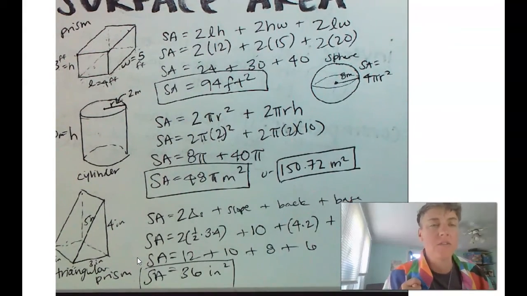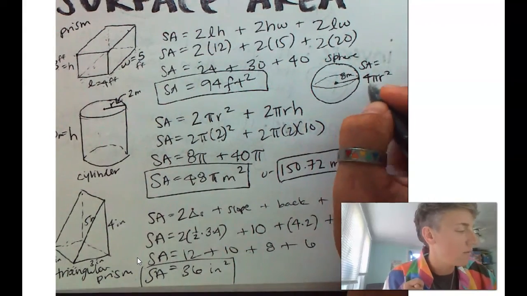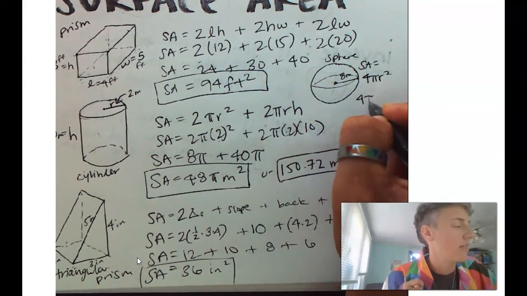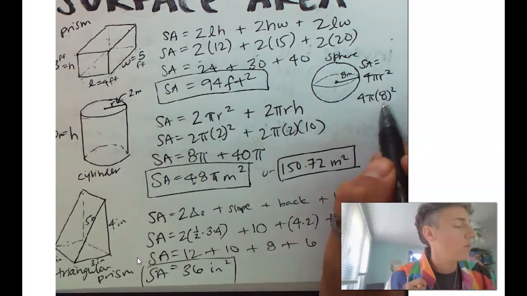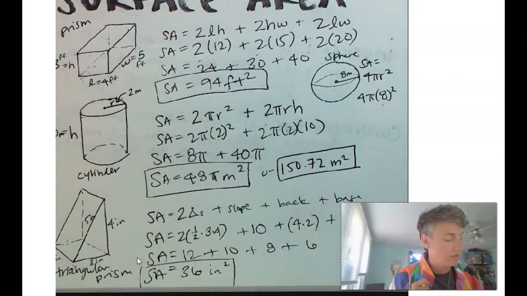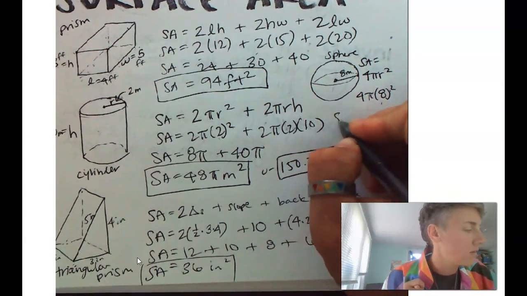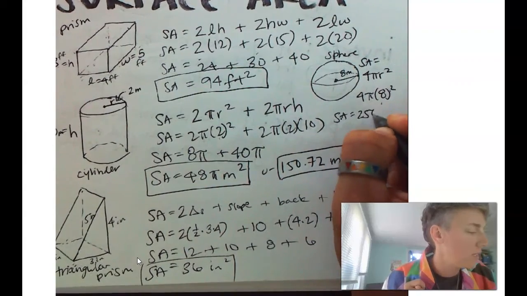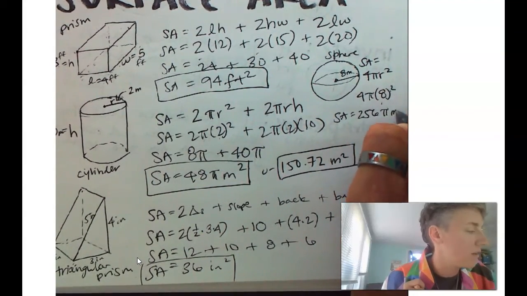And find the surface area of the sphere by plugging into 4 pi r squared. So 4 times pi times 8 squared. 8 squared is 64. 64 times 4 is 256. Is that right? 256. Yes, perfect. So the surface area is 256 pi meters squared.